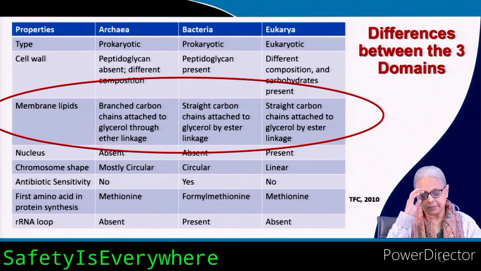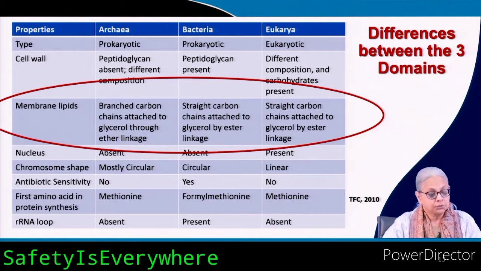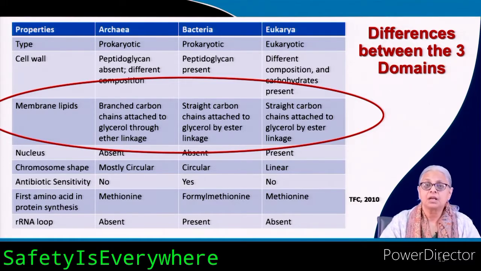So, like I said, the world is divided these days into three domains: Archaeobacteria, bacteria, and eukarya. If we were to focus on just the membrane lipids, people have observed that there are biomarkers that determine the differences between these three domains.